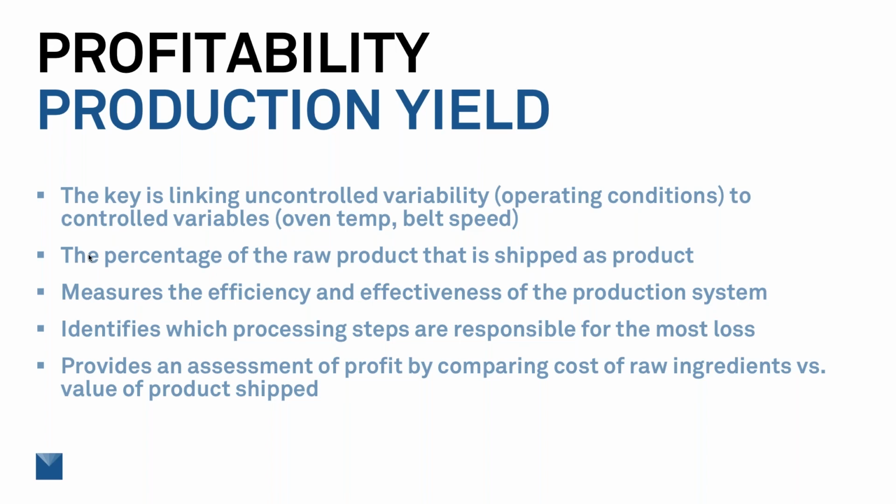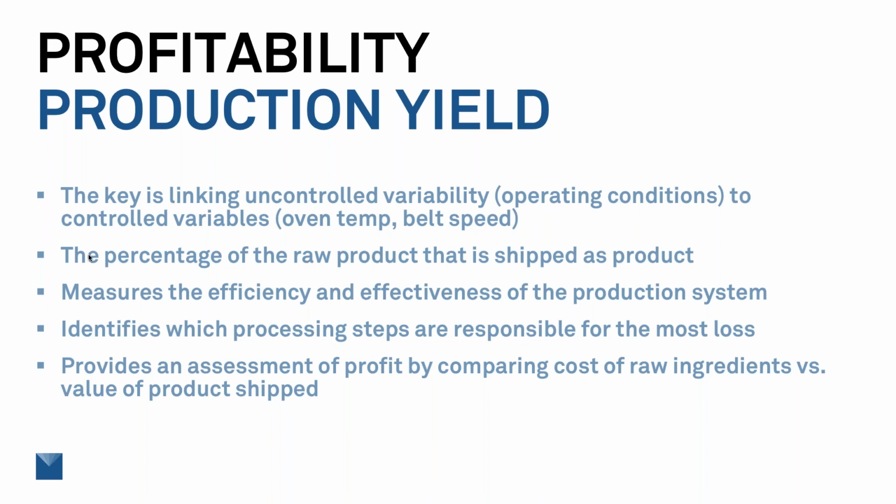And the key here, in an effort to optimize the production process, is to try and find sources of variability, and especially uncontrolled sources of variability, and see if it's possible to link those up to things that can be controlled, like oven temp and belt speed. Are there things that can be controlled within the production process that can help to eliminate some of these unexpected changes or unexpected losses that can occur during the production process?